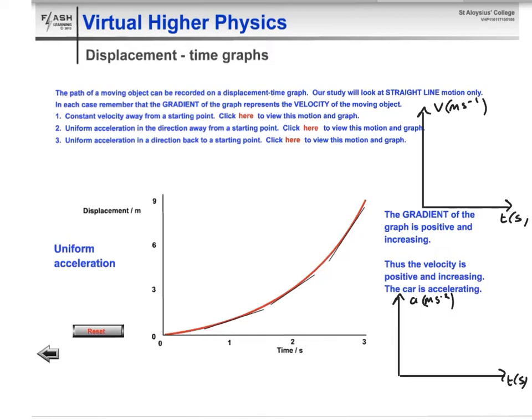So the first one, the velocity time graph. So remember we said that the velocity should always be positive, which means it's on this side of the graph here, above the 0 on the y-axis. But it should be increasing in value. So increasing, but at the same rate.